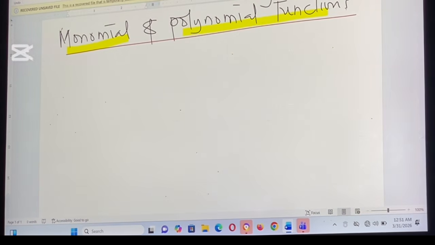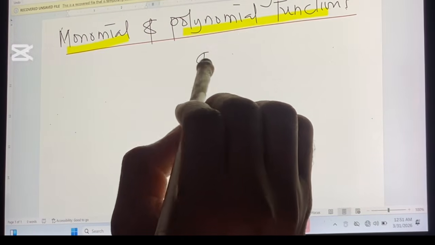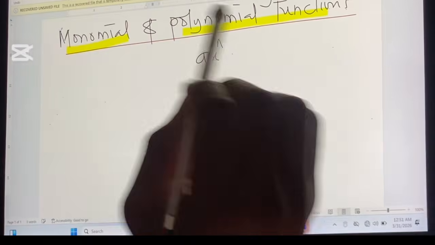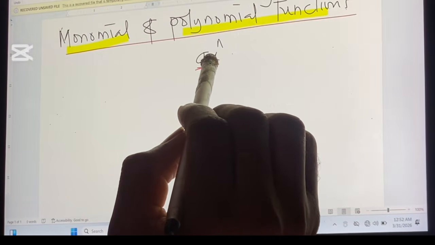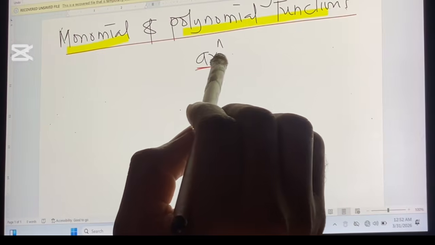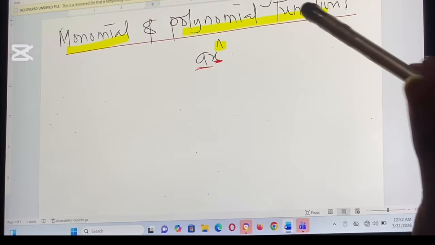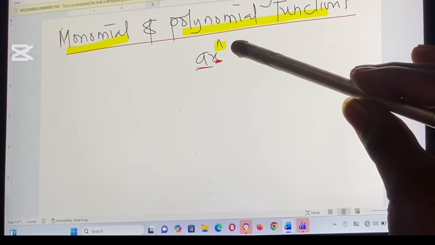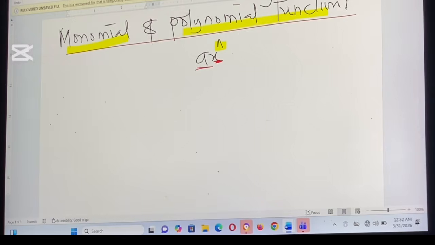Whenever we have a function that consists of one digit, a letter, and a power, we consider that function to be a monomial function. If we have something like this, class, a s raised to power of n, this a here is standing as a digit, this is a letter, which is s, and this n represents the power.